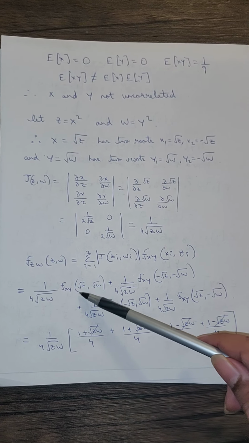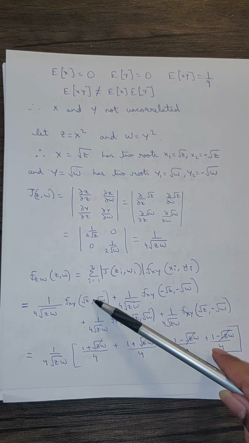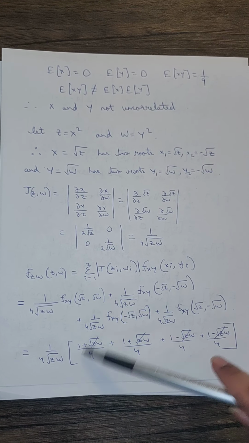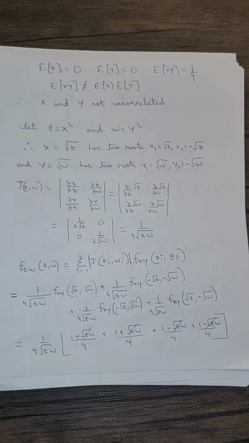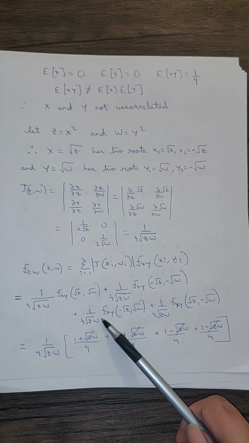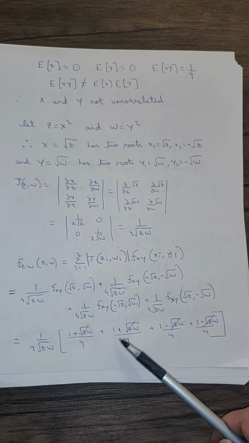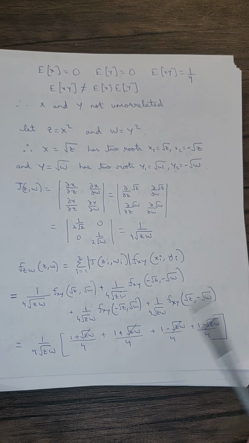Substituting x equal root z and root w respectively into the joint density of X, Y, which is (1 plus xy) by 4, we cancel out the zw terms, and the sum, 4 times 1 by 4, becomes 1.